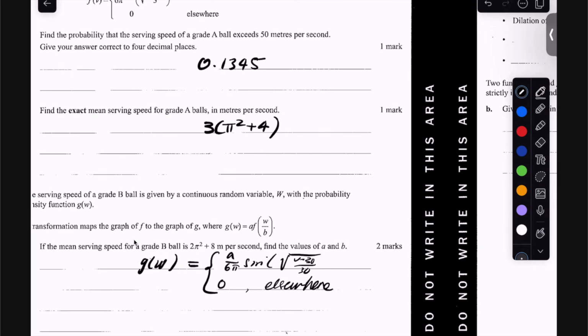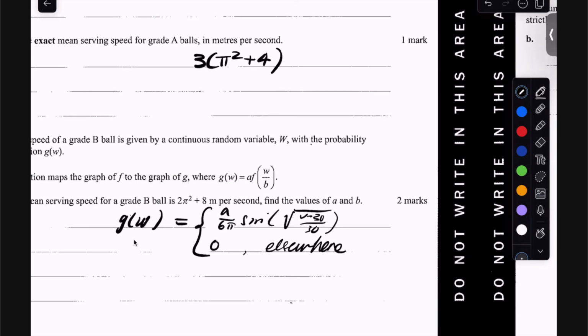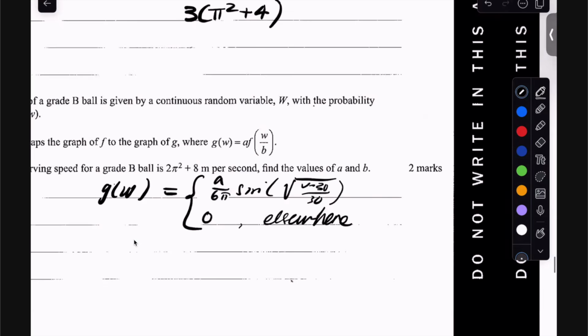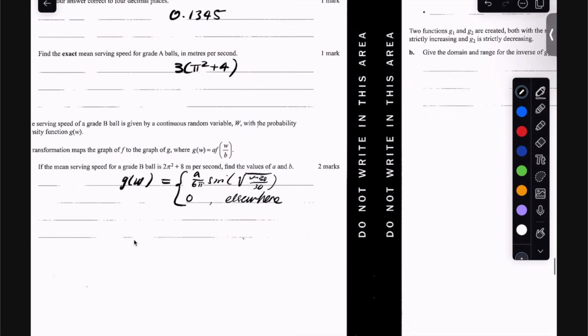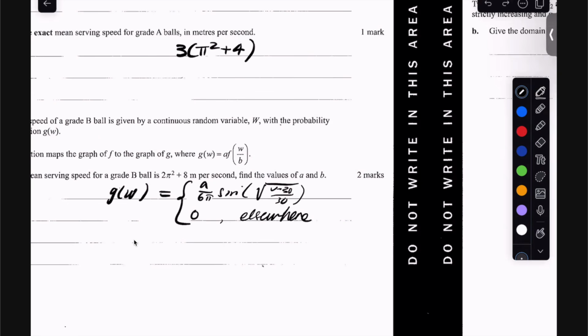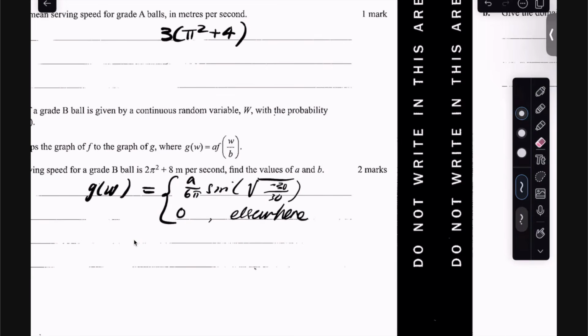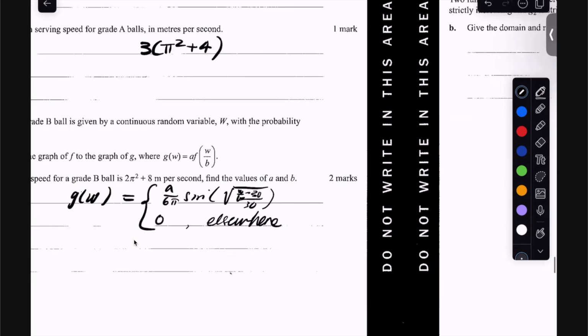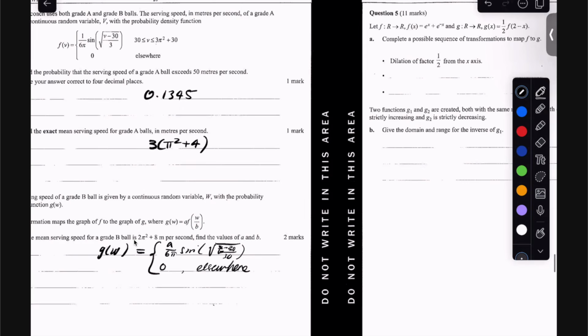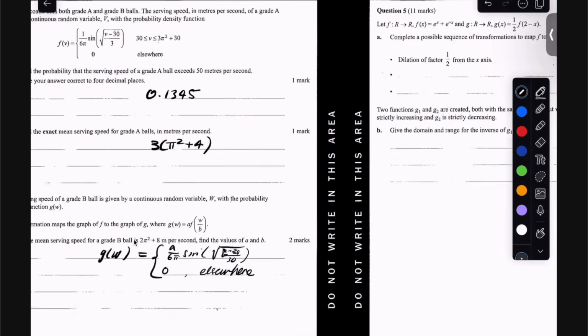You can technically do this part on the CAS. Just write w over b. And then what you've done is you've dilated by a factor of b from the y-axis. Now, first of all, we'll just write what that does. Whenever you see v, it's now w over b. And that actually changes the domain. We multiply each bound by b, because we dilated by b.